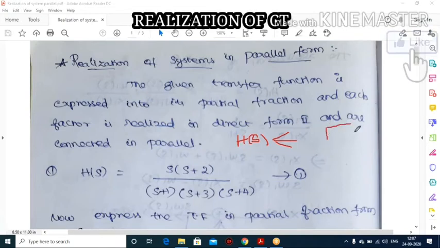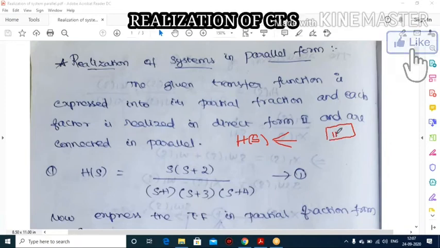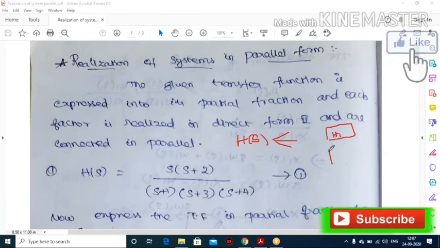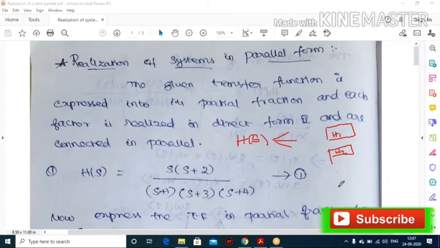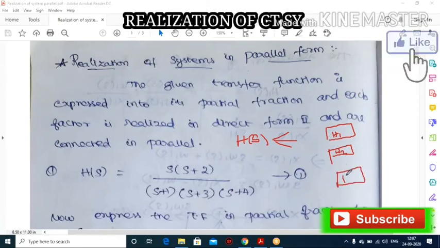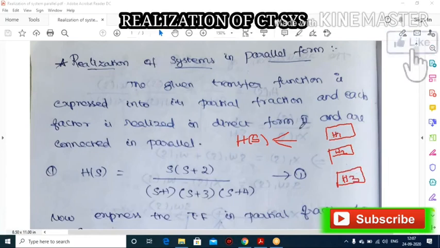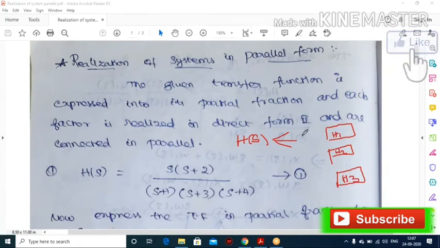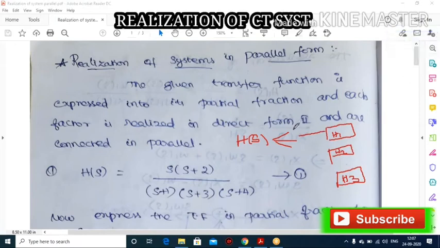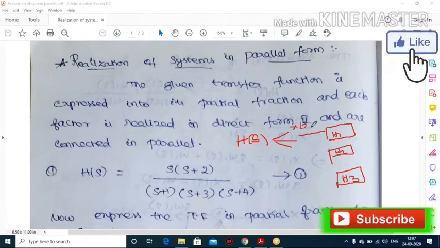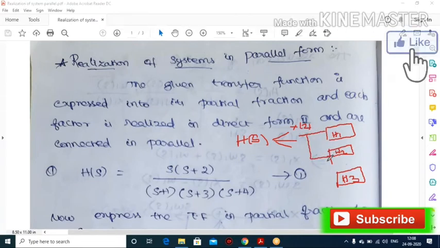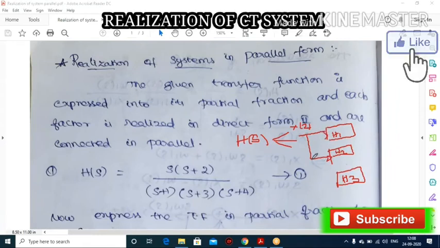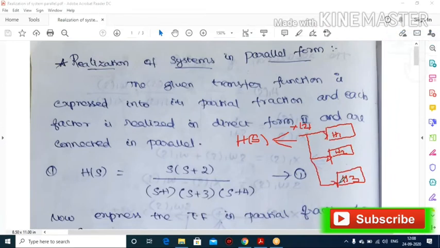For example, this is your H1 block, this is H2, and the next, third block, H3. Parallel means you place them like this. Input will be common, X of Z. X of Z is applied to your first system, a pickup node takes it as input to the second system also, as well as the third system.